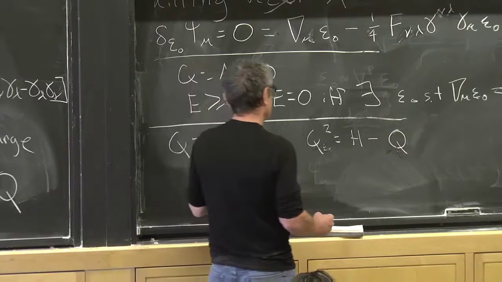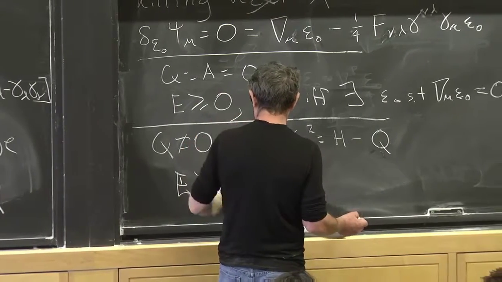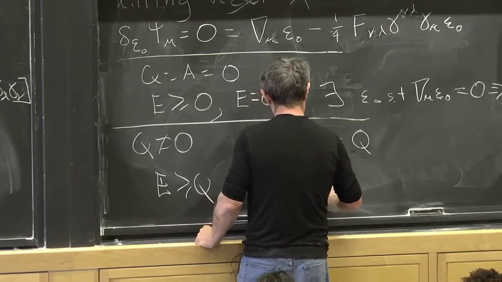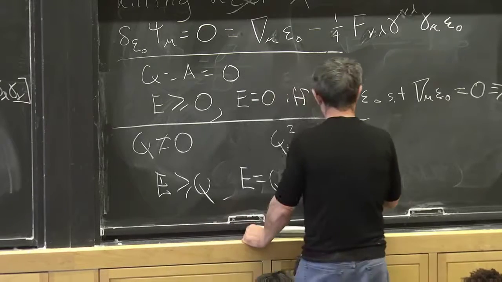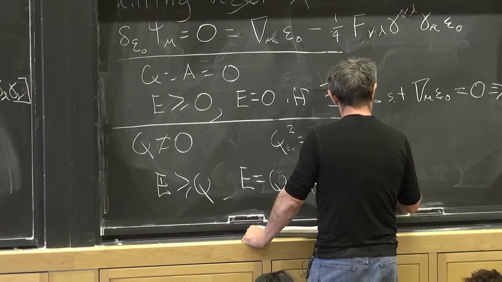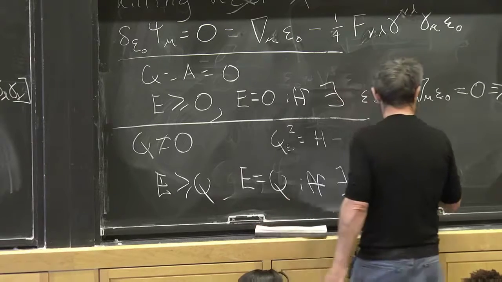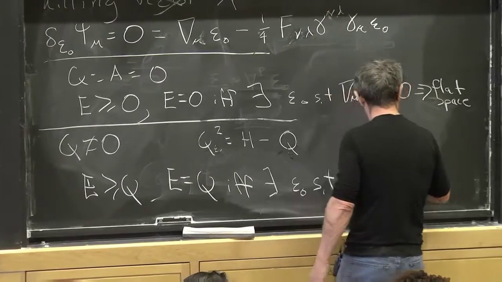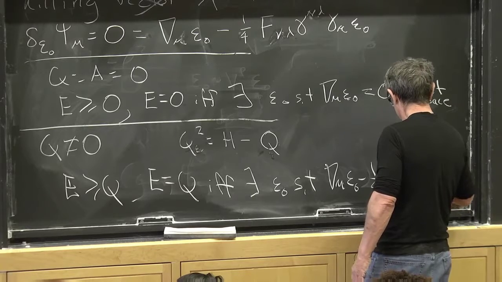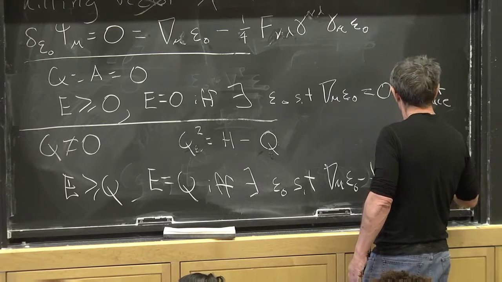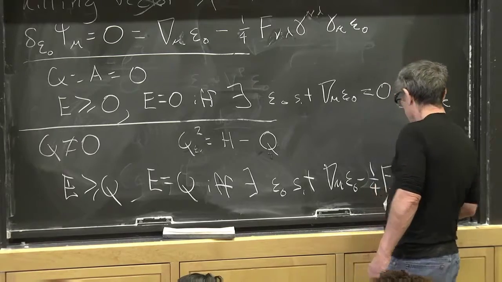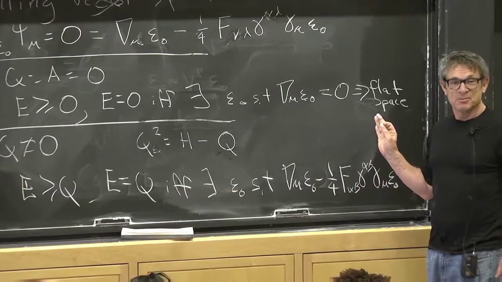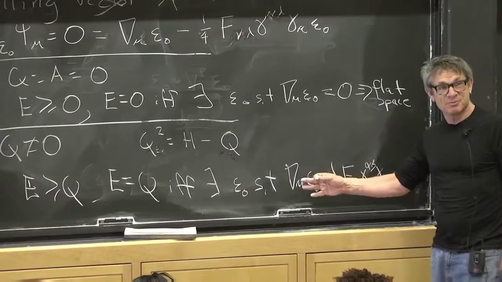So we have E greater than or equal to Q, and E equals Q if and only if there exists an epsilon naught such that now we have to put in the extra piece, D_mu epsilon naught minus a quarter F_alpha beta gamma^alpha beta gamma_mu epsilon naught equals 0, which now is not just flat space, but this condition has more solutions.